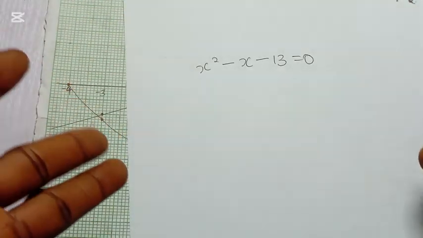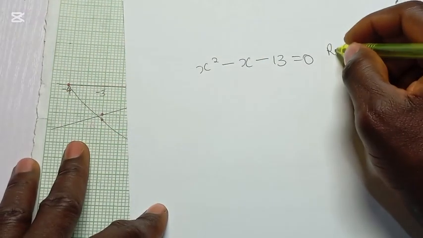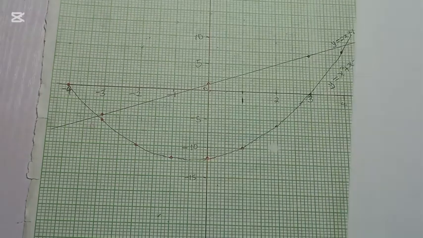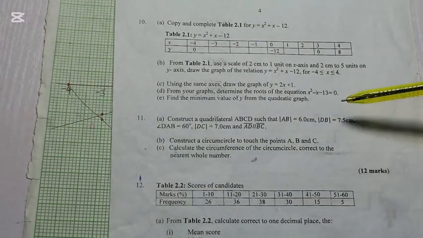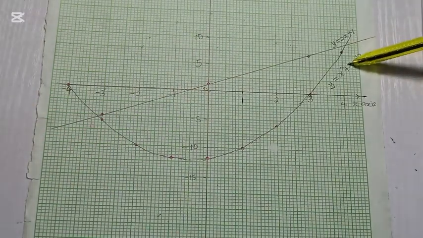Those values of x that make the whole of this 0, we refer to as roots of the equation. They are called roots of the quadratic equation. As I said earlier, since they are asking from the same question, it certainly means that this particular equation has a relationship with the equations that we have on this graph.